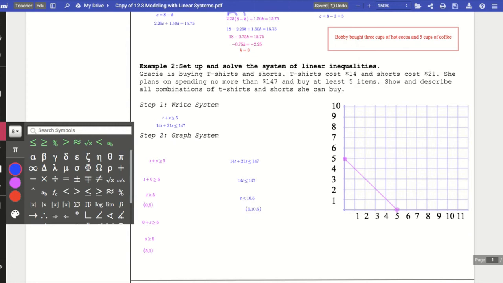And then the s-intercept. s is shorts, remember? So now I'm plugging in 0 for t. Then I'm just going to have 21s less than or equal to 147. Divide by 21. s is going to be less than or equal to 7.